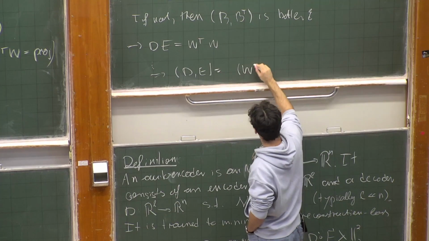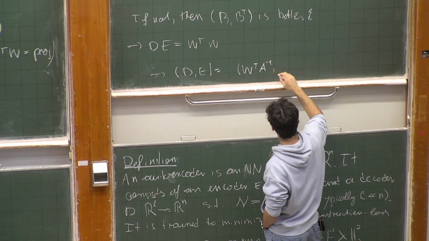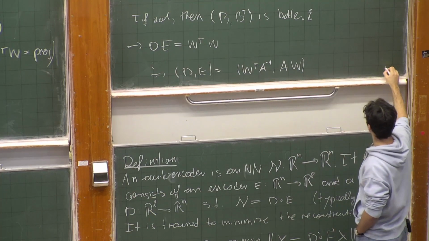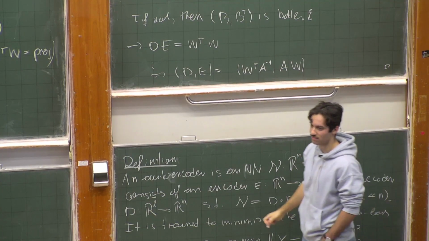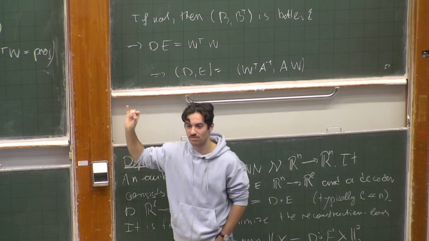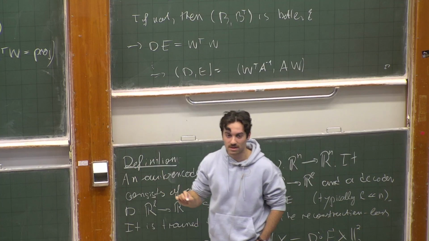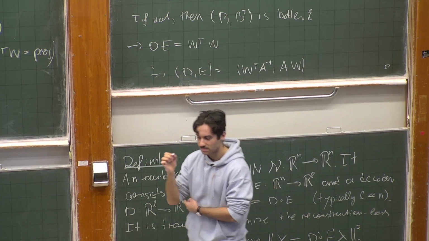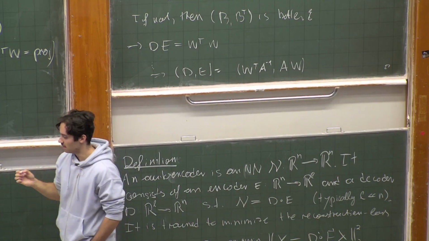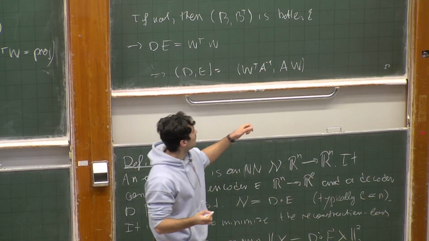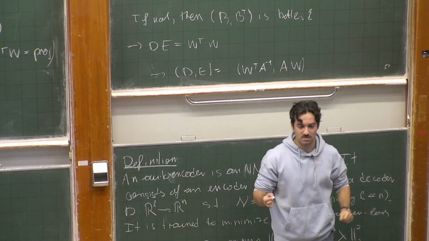W transpose A inverse and A W. The details here are not that important. You can find them in the first appendix of the paper I've mentioned at the beginning. The important thing to remember is that linear autoencoders learn PCA, if left on their own, up to an invertible matrix in latent space.